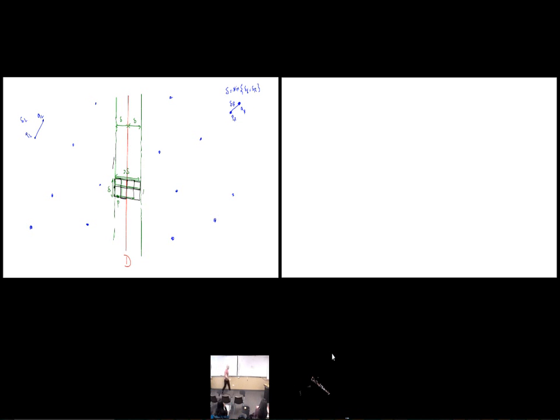So what I do is I find all these points that live in here. Let me draw another picture. I find all these points, and I'm going to sort them from the lowest to the highest.